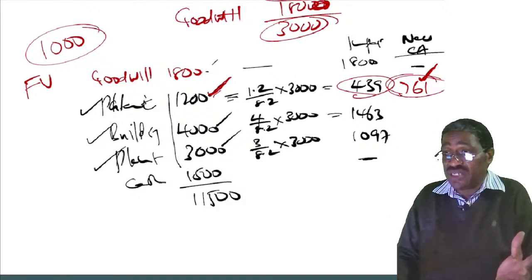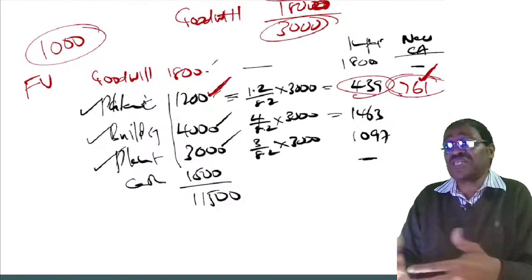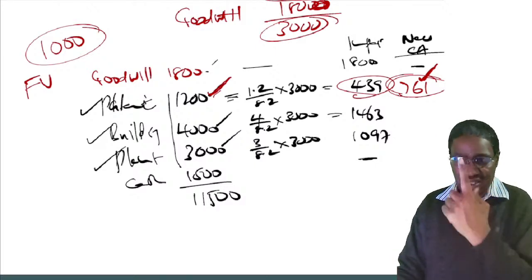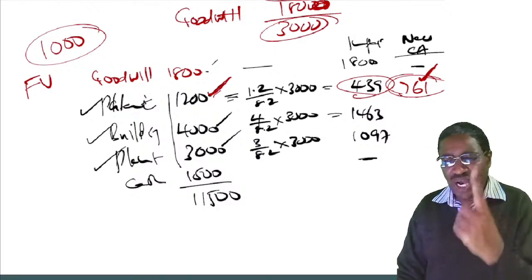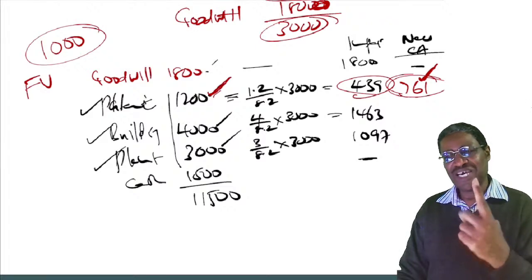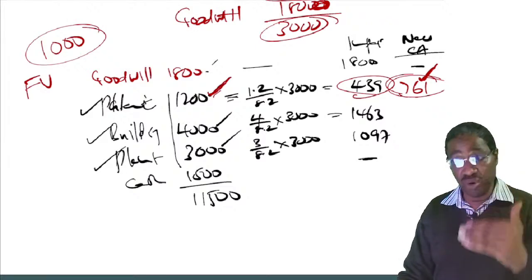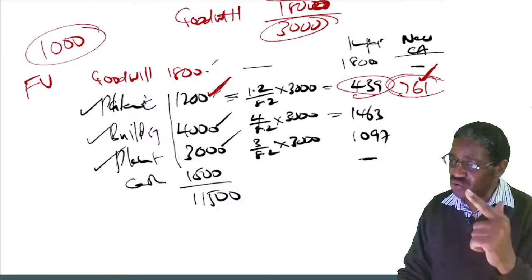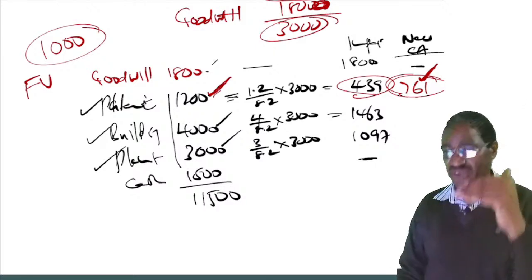We may not sell it, but we know somebody is willing to buy it at 1 million. But we are not selling it. But he has opened us. He has given us an offer to buy it at 1 million. Listen carefully. You cannot, as a business, record an asset in your books at a value less than its fair value.